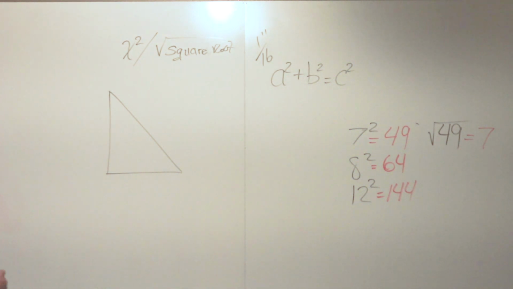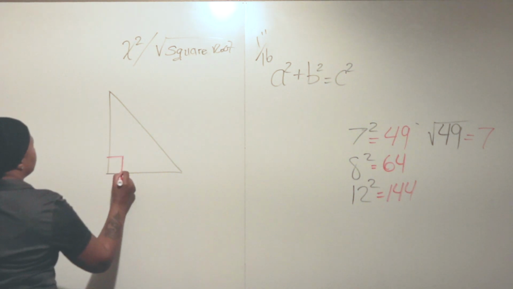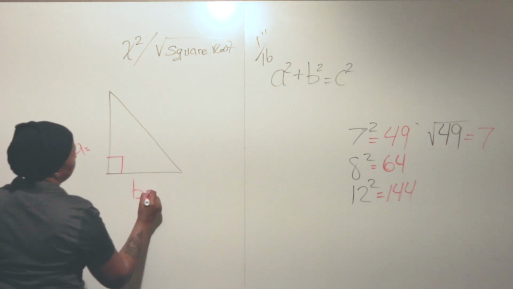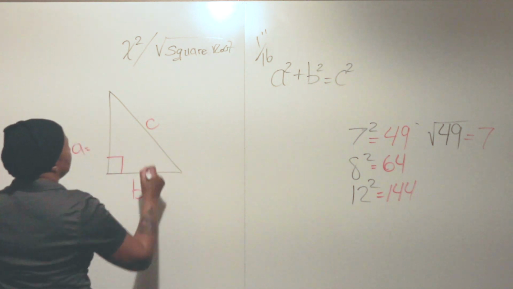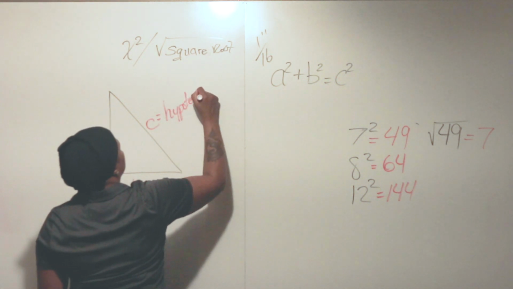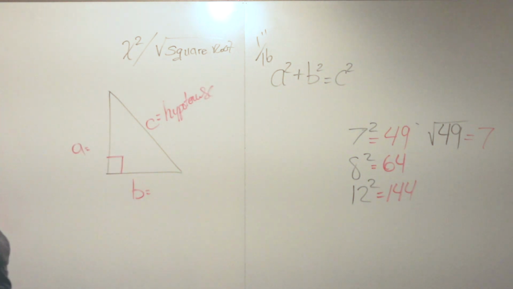When we're dealing with the Pythagorean theorem, we're dealing with right triangles. Right? Three sides. We have side A, we have side B, and we have side C, which is also called the hypotenuse. The hypotenuse, you don't have to memorize this, is the longest side of that right triangle. For this assignment, I want to keep it based on what's on the final.